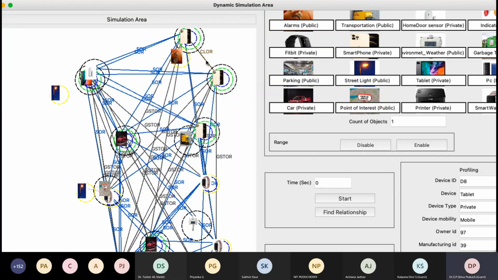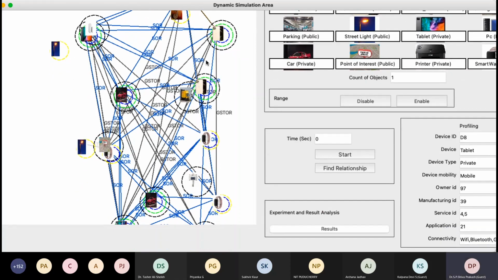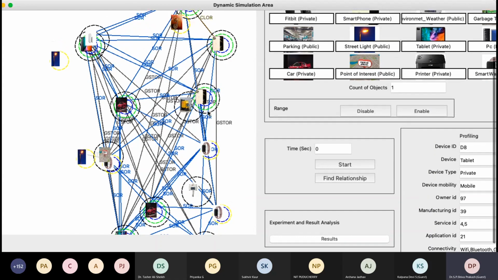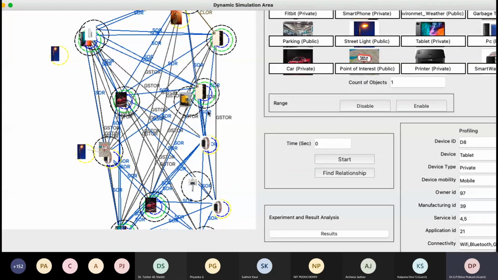The conditions for establishing these relationships depend on this. Since we have selected these different criteria and added these constraints to the devices, this relationship has been established.